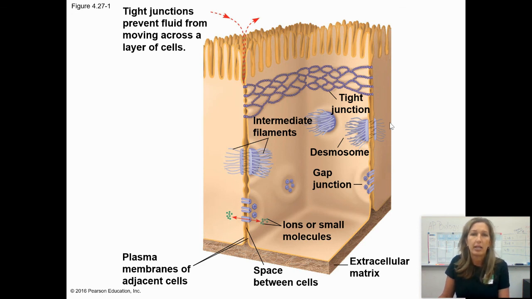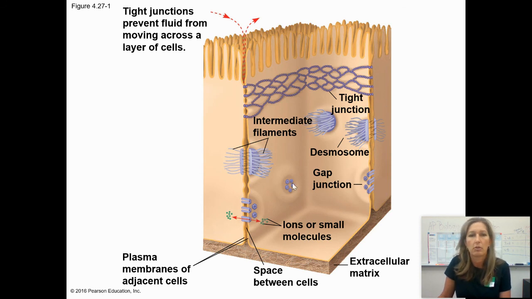Or we also have desmosomes that almost like nail a cell to another cell in order to create some different types of functions. So really it's just knowing that multicellular organisms also need to have a way to exchange nutrients or adhere themselves to other cells.